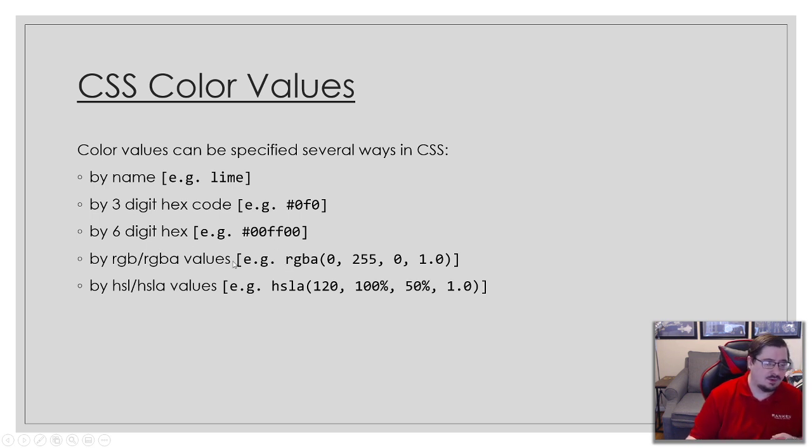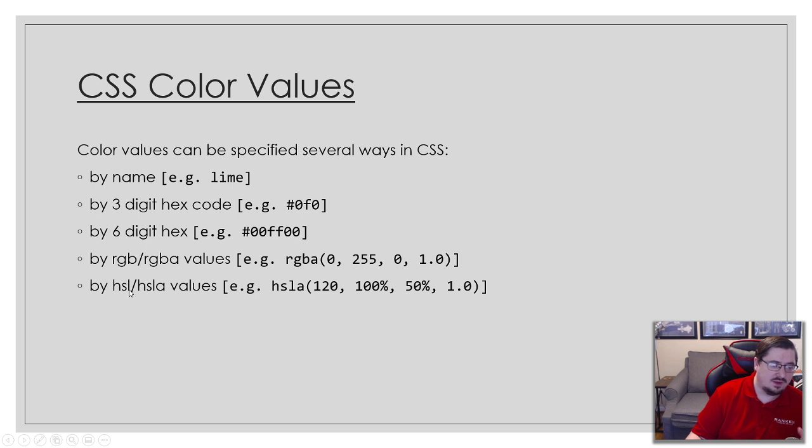Another way I can specify colors is using RGBA like this. If I'm doing this, I'm going to say, okay, R is here, a number from 0 to 255, then green and blue, so I've got red, green, and blue. And then the fourth number is what we refer to as the alpha channel, which refers to the opacity. So 0 here would mean that it's fully transparent. 1 means it's fully opaque.